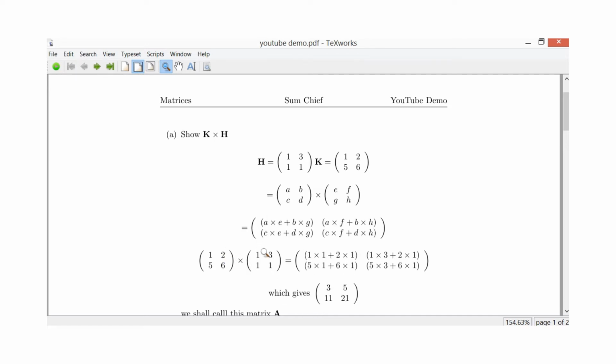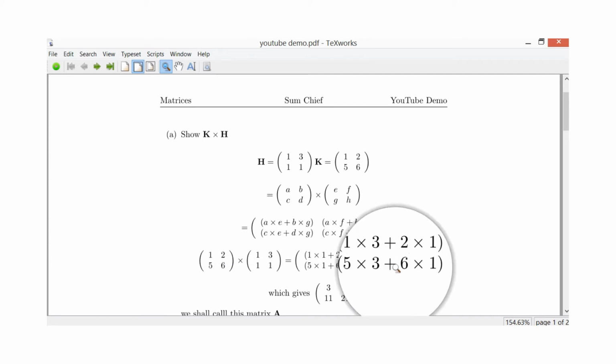For the top right, first row times second column: 1 times 3 plus 2 times 1. For the bottom left, second row times first column: 5 times 1 plus 6 times 1. And the bottom right is 5 times 3 plus 6 times 1.